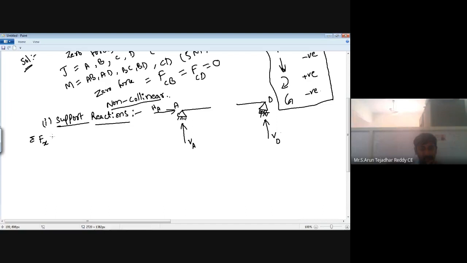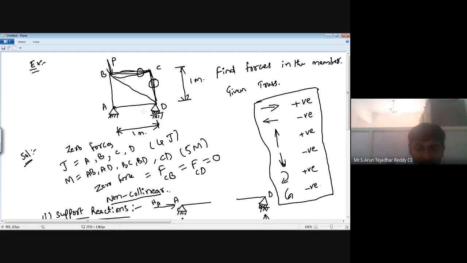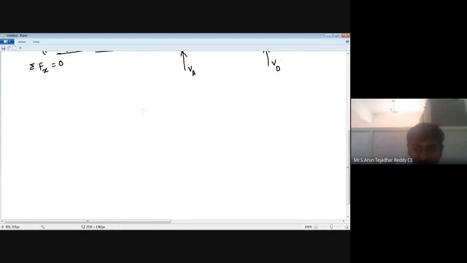Sigma Fx is equal to 0. So first of all, in this diagram, how many horizontal forces are acting? First, you need to observe this diagram.